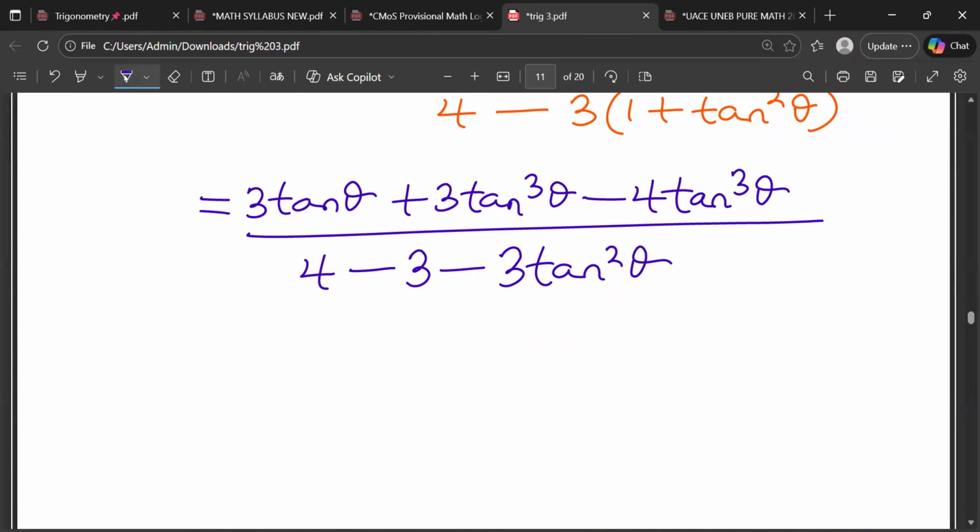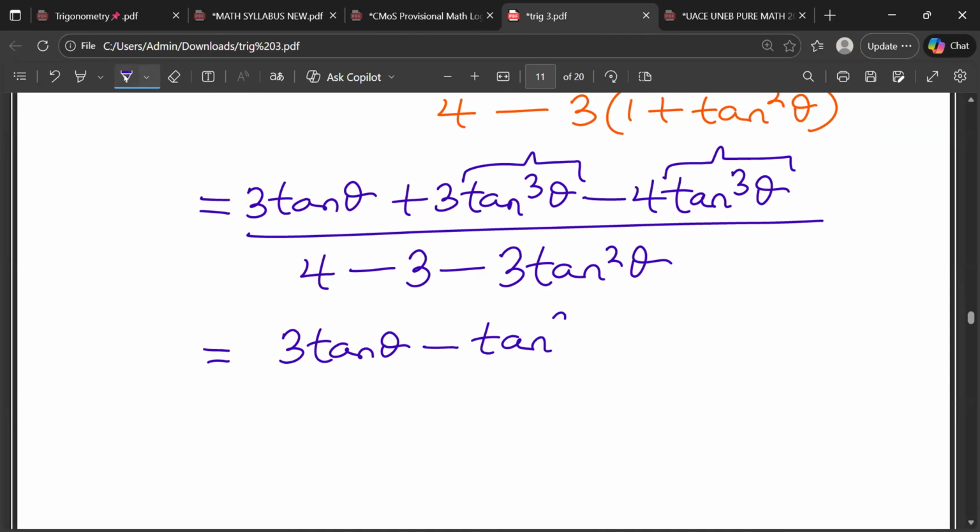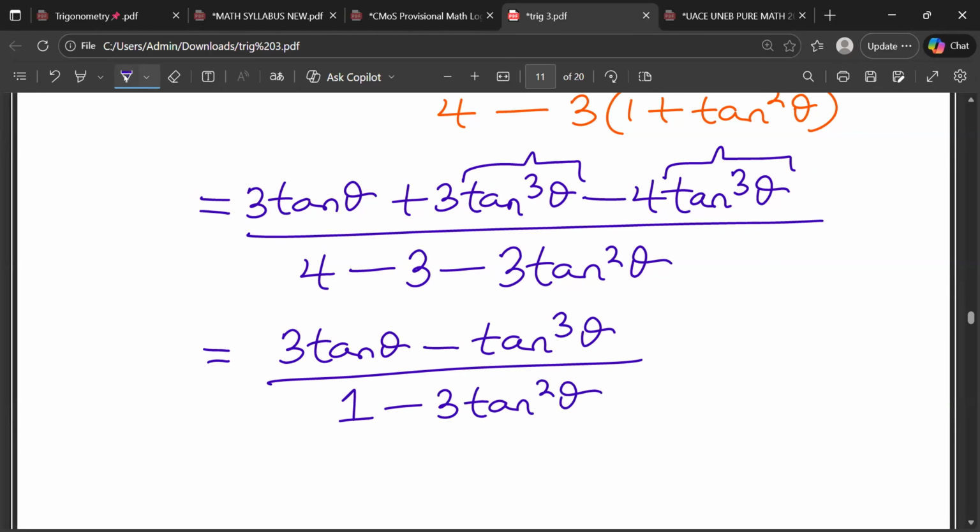Then we proceed. This one is the same as this one. So it's like plus 3x minus 4x. You get minus x, not so? Yes. We shall have minus tan cubed theta over 4 minus 3 is a 1 minus 3 tan squared theta.